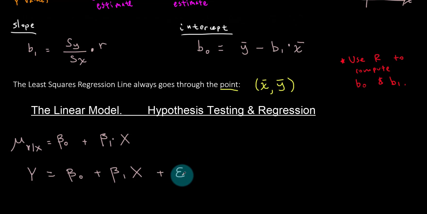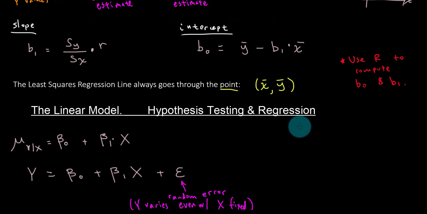There is some error which represents the variation of our response variable. So I will write that. This is the random error, because we know y varies even with x fixed.